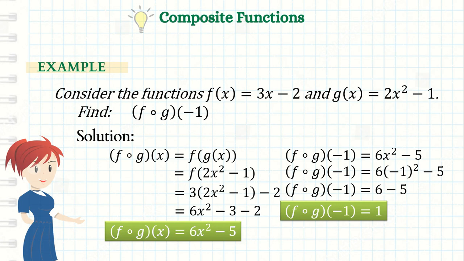Sino to? Stella? Apo. Okay, Stella. Explain to me naman, anak, yung kabilang side na kung saan we already substitute negative 1. Yun po yung f of negative 1 equals 6x squared minus 5. Yun po yung sa pinakauna po. Then po yung sa second, yung mga x po papalitan po ng negative 1.